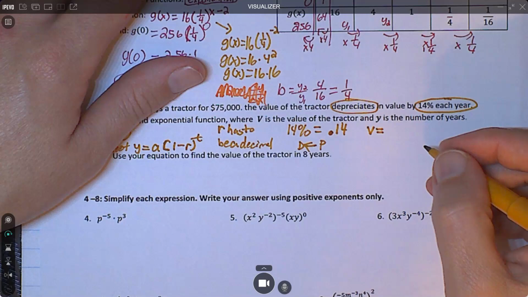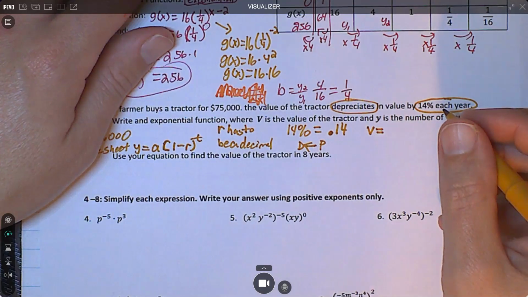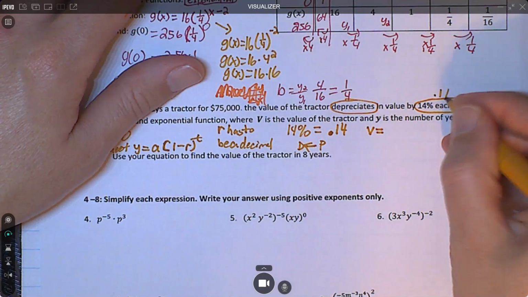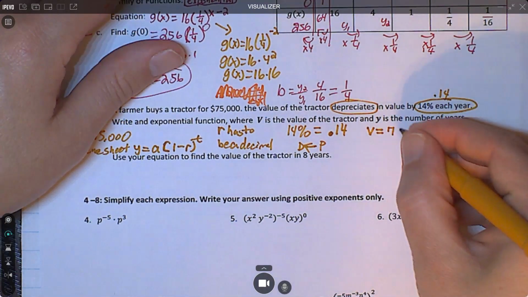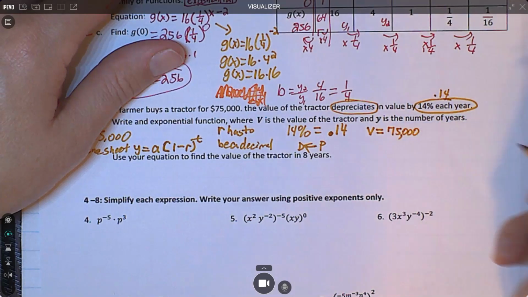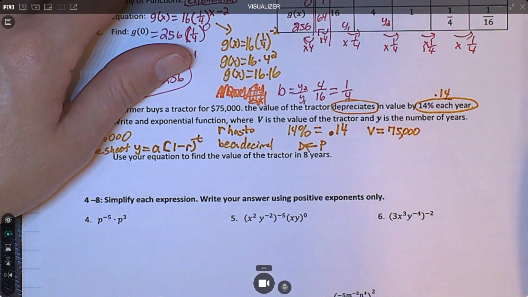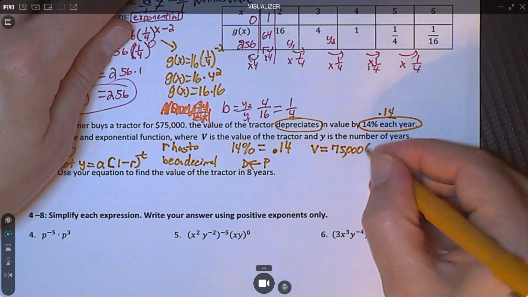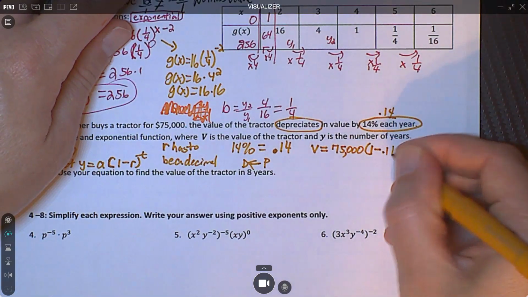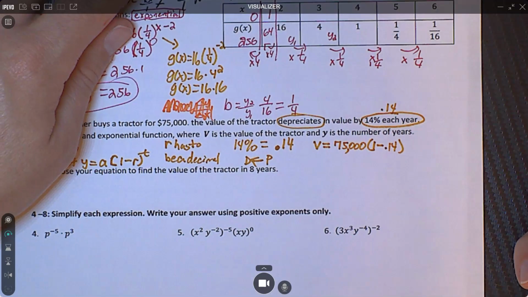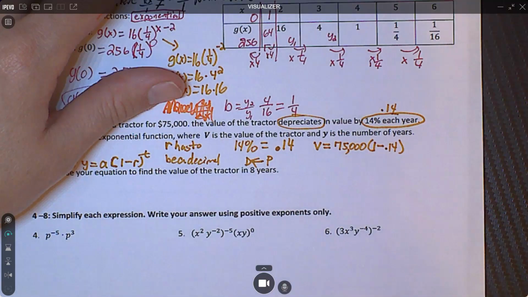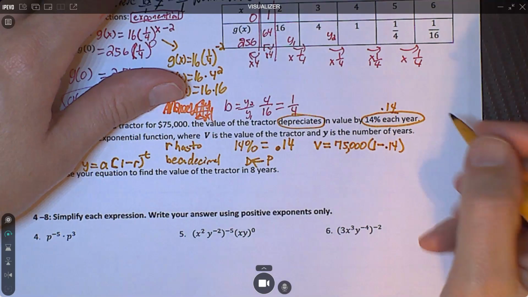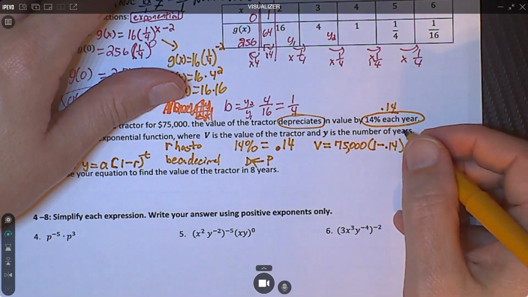is we do. That's 0.14. So v 75,000. We got to keep 100% of it intact, and then we're taking 14% off. So using the formula from if the growth factor R is the growth rate, the growth factor is 1 minus 0.14 to the.